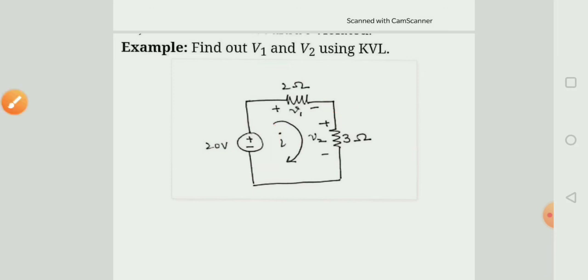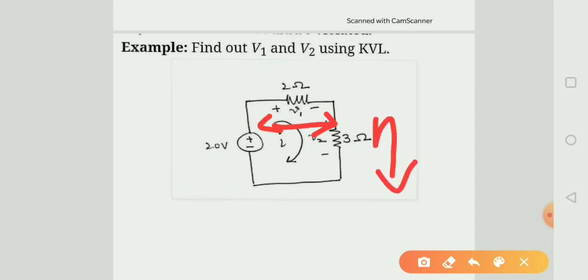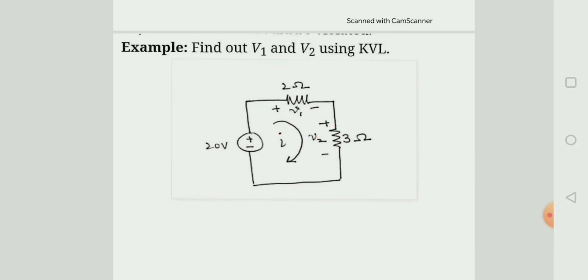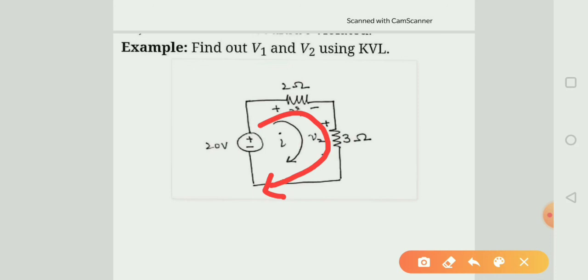Here we consider the voltage drop across resistance R1 is V1 and across resistor R2 is V2. For solving this circuit, we take clockwise direction for current. And the current in this circuit is denoted by I.